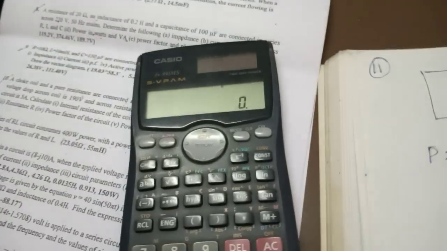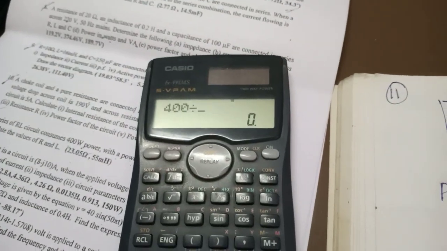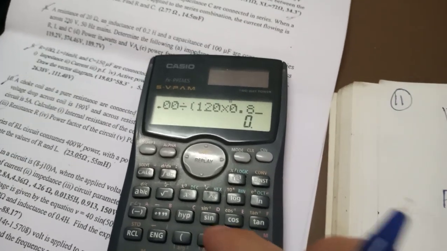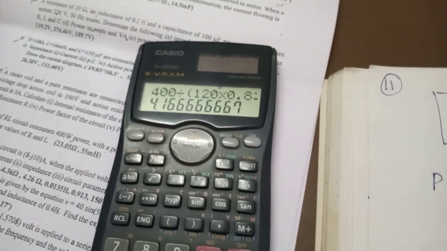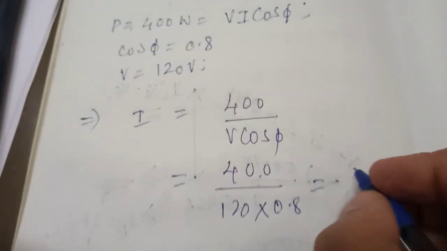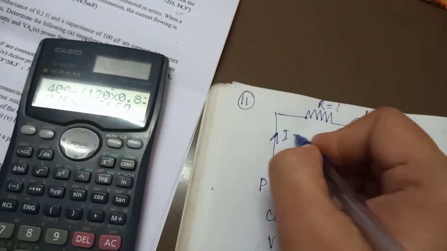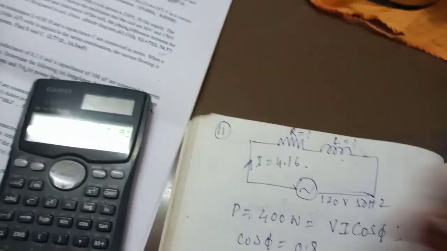So 400 divided by 120 into 0.8. It comes around 4.16 amperes. Now you have calculated the current, I is equal to 4.16 amps.